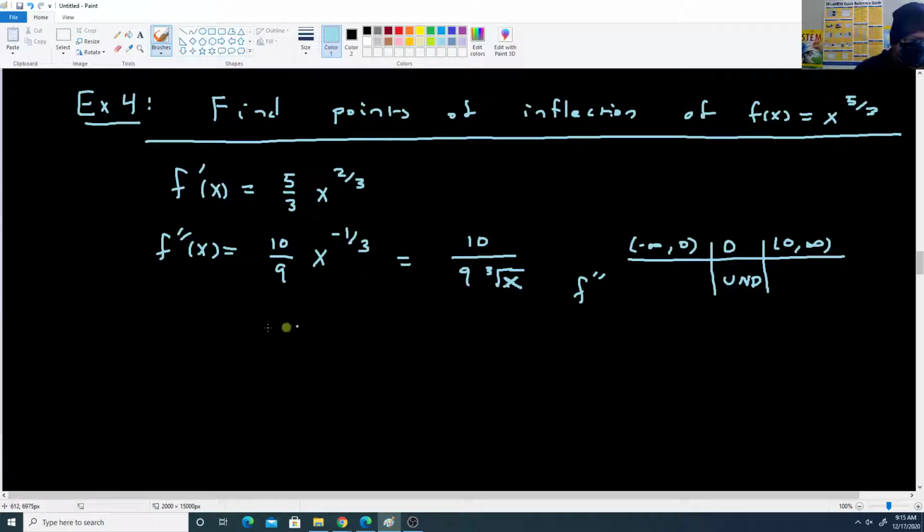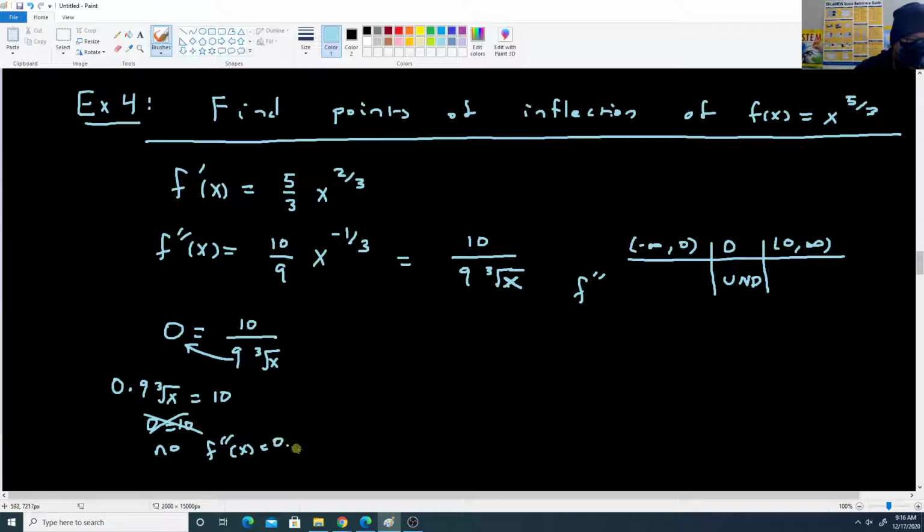Also we should note, if we set this function equal to 0 and try to solve it, to see whether it's 0 anywhere, when you multiply across by 9 cube root of x, you get 0 times 9 cube root of x equals 10. 0 times anything is 0, so you get 0 equals 10, which is no good. So there's no solution to where the second derivative is 0.